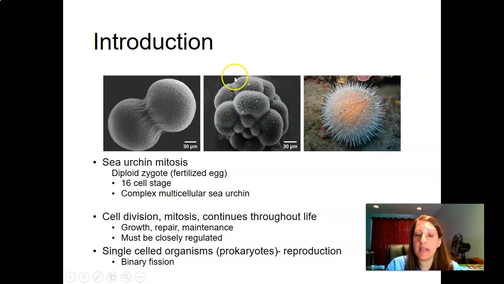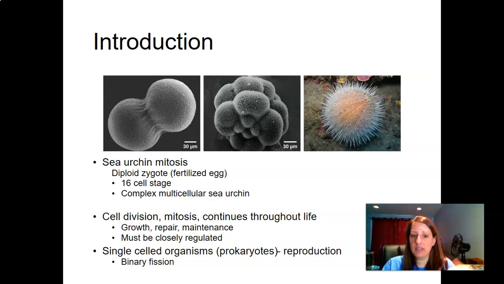What we show here in this second picture, the second electron micrograph, is something called the 16-cell stage. Multiple rounds of mitosis have led to this. If we count up all the cells in this ball of cells, there would be 16 cells. Then mitosis continues, and we get what we call cellular differentiation. Cells start to take on jobs or roles. They become specialized.